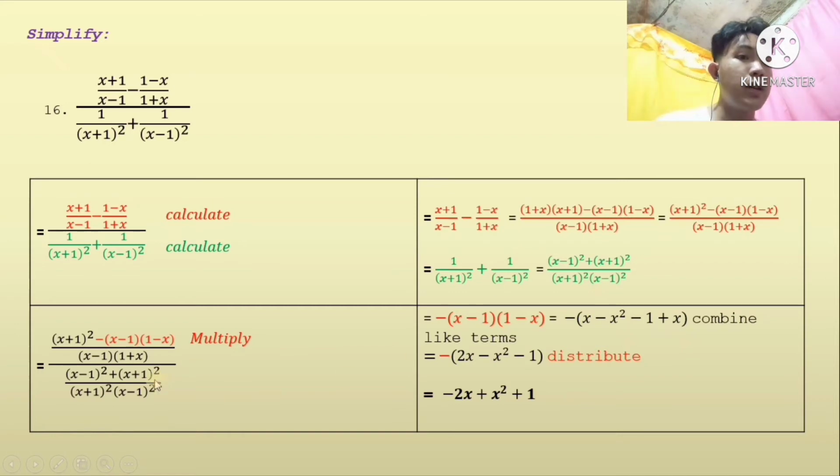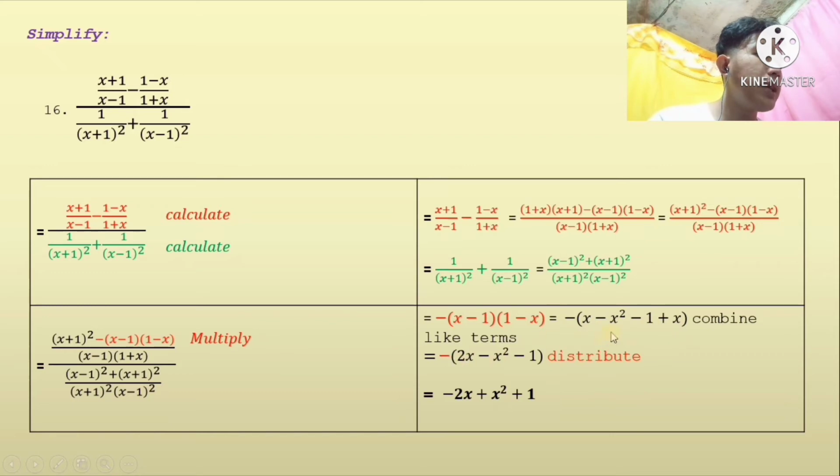So then our equation will become like this. It's so long to read, so multiply x minus 1 to 1 plus x, then distribute the negative sign. So x minus 1 times 1 minus x is equal to x minus x squared minus 1 plus x.